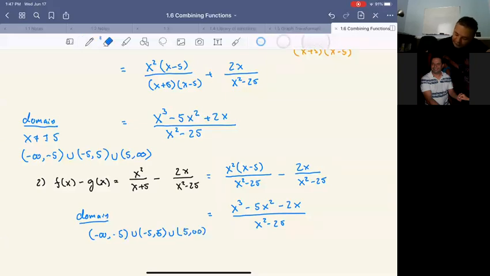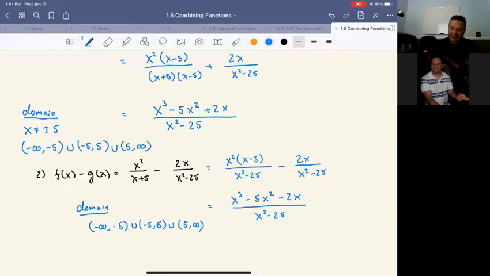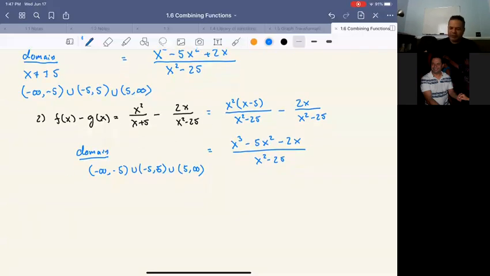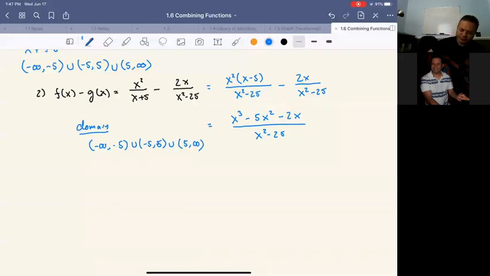So that last interval looks ugly. All right, so nothing so crazy yet. Let's take a look at multiplication. Multiplication, we have f of x times g of x. Again, it's still going to be pretty straightforward.